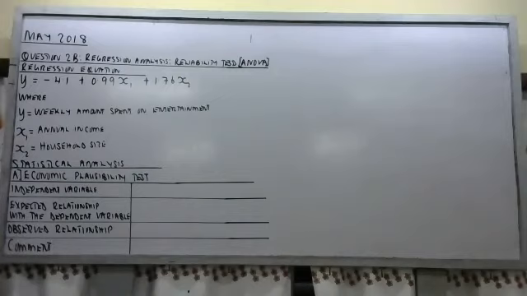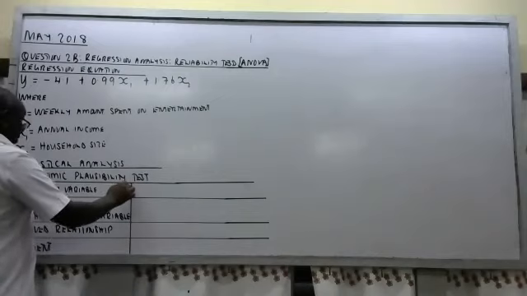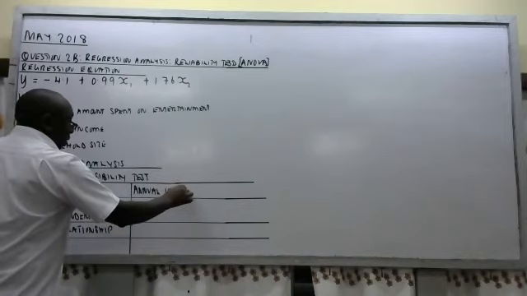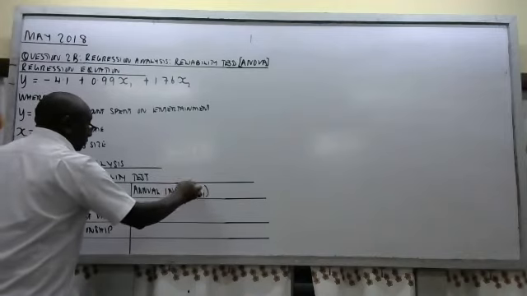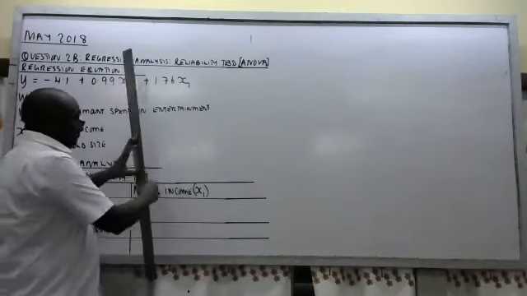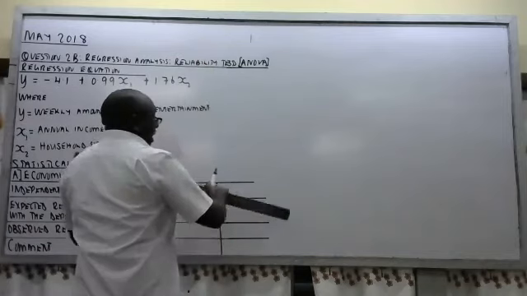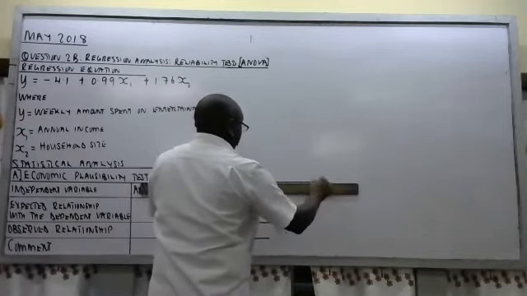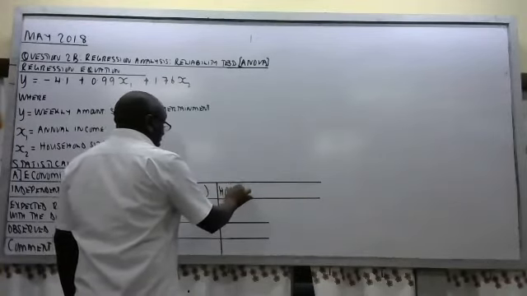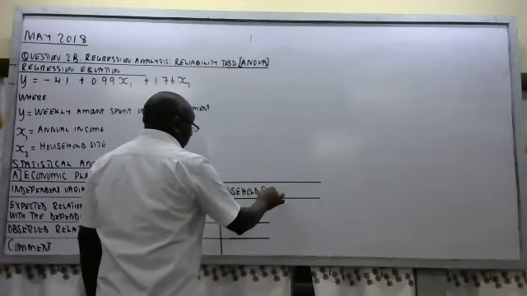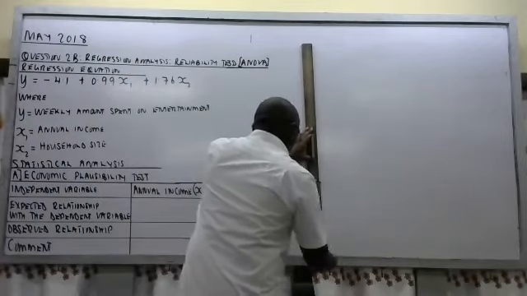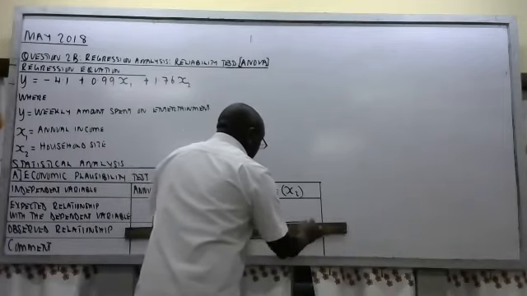So the first one that we are dealing with is annual income, which is represented by X1. Then I will have here household size, represented by X2.